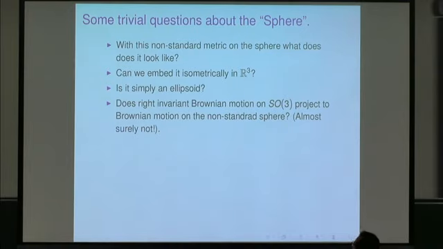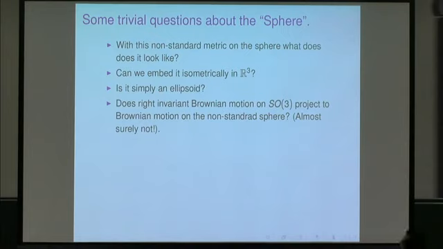Is it even embeddable isometrically in R3? Is it simply an ellipsoid? It kind of looks like an ellipsoidal metric, but is it really just an ellipsoid that we've got a very fancy description of with all the Lie groups and things, or not? And what does the right invariant Brownian motion in SO3 project down to on the non-standard sphere?